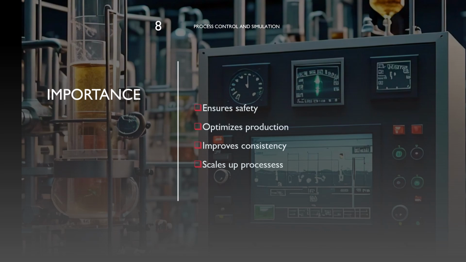Yes, you scale up the process, because with process simulation you are able to simulate what will be going on in the plant. Yes, via software you simulate, you know that, oh, if I vary this, this is the quantity of ammonia I'm going to get. So you optimize production, you improve consistency.